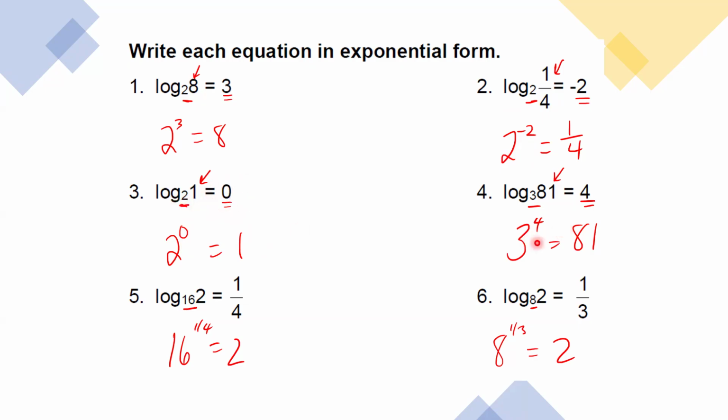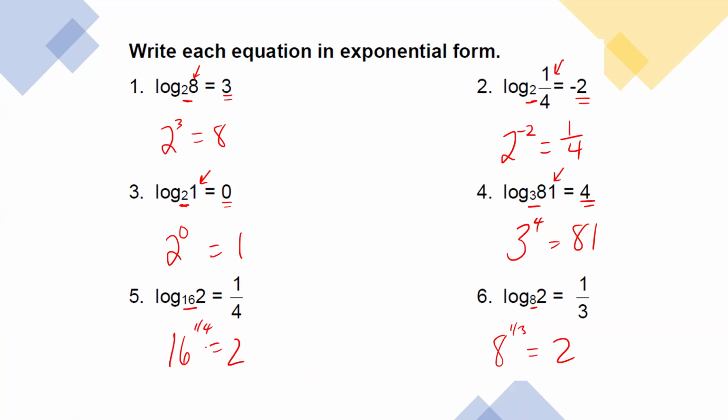This is normal. 3 times 3 times 3 times 3 is 81. Here, notice that my base is smaller than my argument. And when my base is smaller than my argument, the solution is a fraction. So therefore, my power is a fraction because my solution is a fraction. The argument is the big number in the middle.